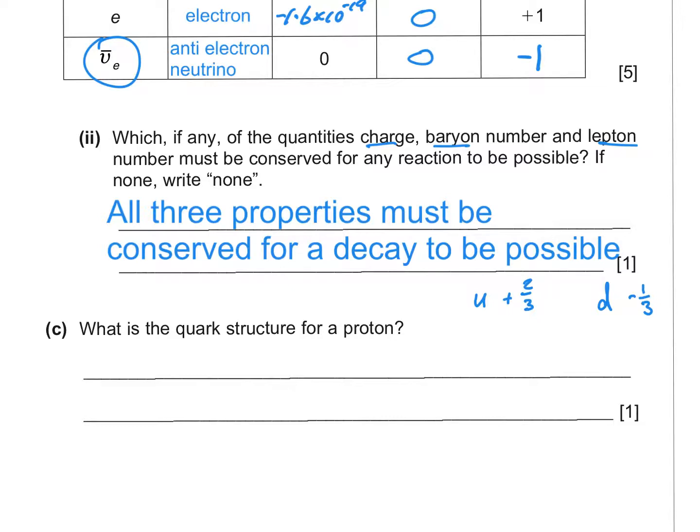So you're asking yourself which combination would give us a +1 charge belonging to the proton, and you should realize that 2 ups and a down will come to +1 charge, whereas 2 downs and an up will come to 0. So UUD is the proton structure.